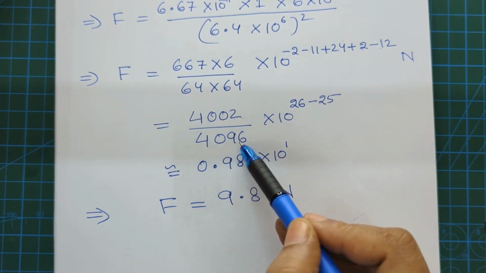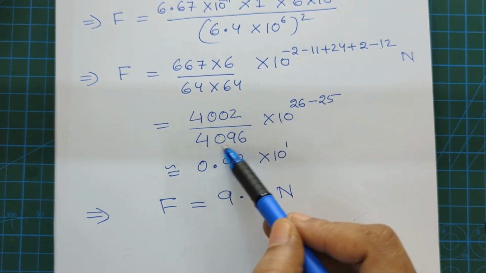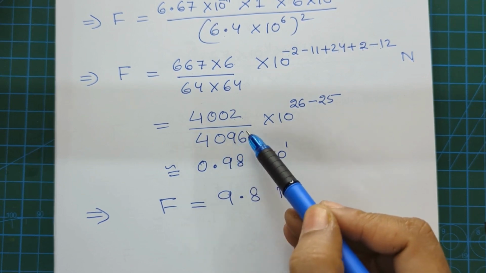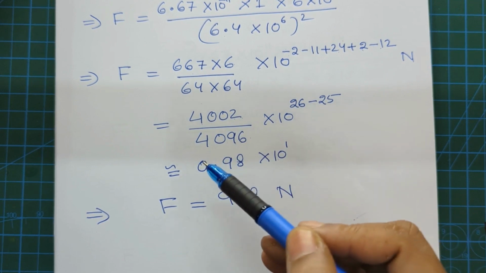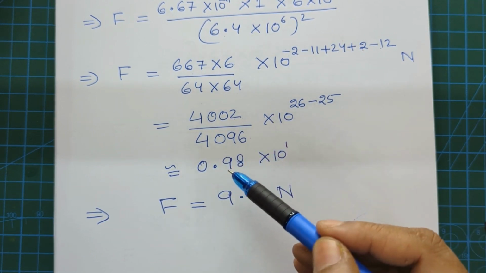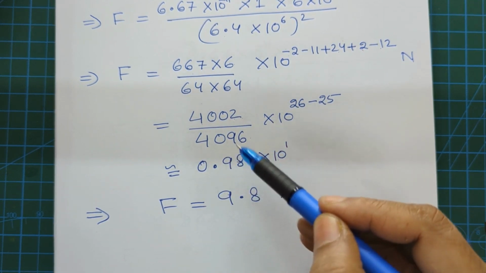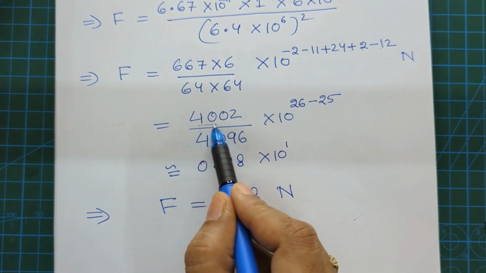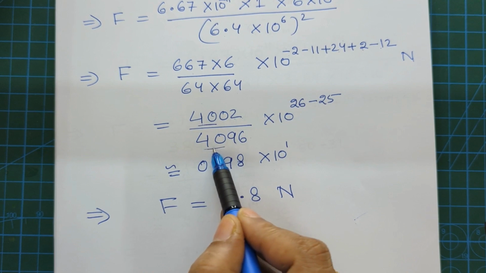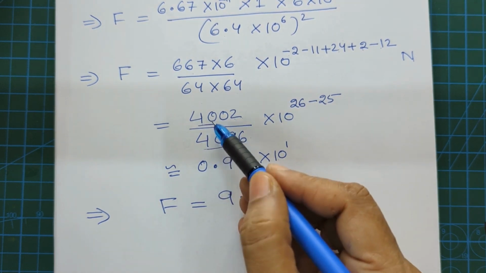4002 by 4096. Literally you are not supposed to divide these all, because radius of earth, mass of earth, all of them are approximate numbers. So in physics we can show the last answer as an approximate answer. 4002 by 4096. Just concentrate on the first two digits, 40 by 40, which should be 1.